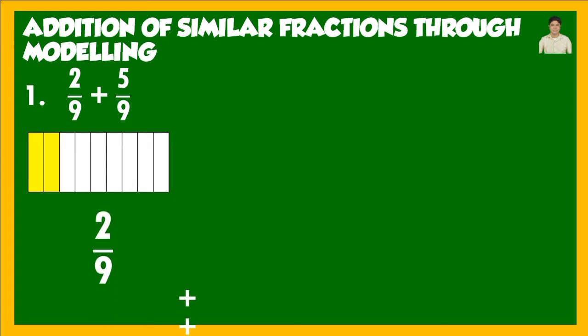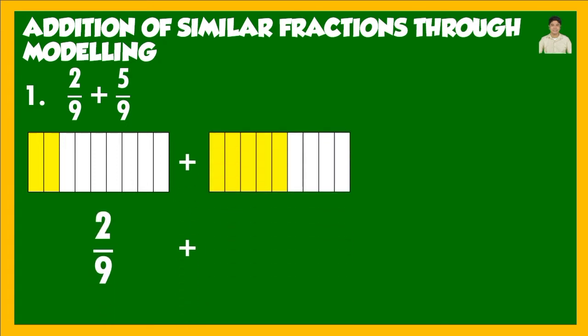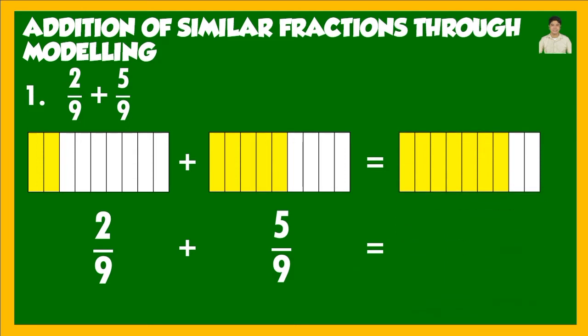Plus, yung second na fraction natin is 5/9. Same, kailangan po nating i-divide yung rectangle into 9. And then yung shaded portion niya is 5. Yung yellow. Kasi po, yung given po natin is 5/9. So, since similar fractions po sila, i-add lang po natin yung numerators nila.